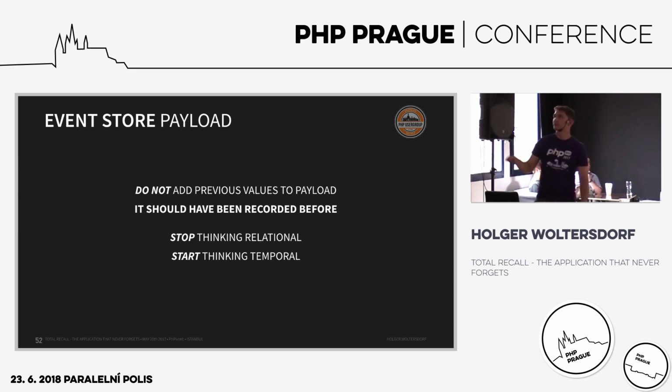So also here a hint: do not add previous values to the payload. They are already recorded. The thing is, when you do event sourcing, you need to stop thinking relational. You need to start thinking temporal. So you always have to think about, okay, what is my current state? What happened before? What information do I have? The thing is, you don't lose information because you record everything.